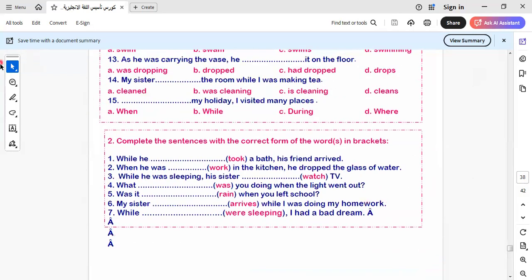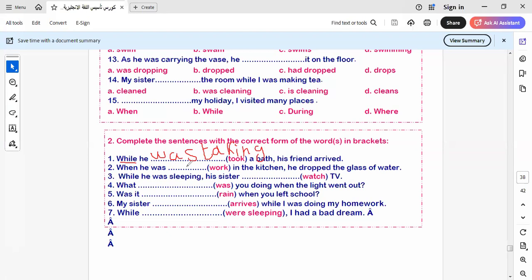Here we have while. While he was taking a picture with his friend arriving. Here it will be was taking. Why? As we told you before, while must be followed by the past continuous. While he was taking. When he was taking is a mistake, as we told you before.